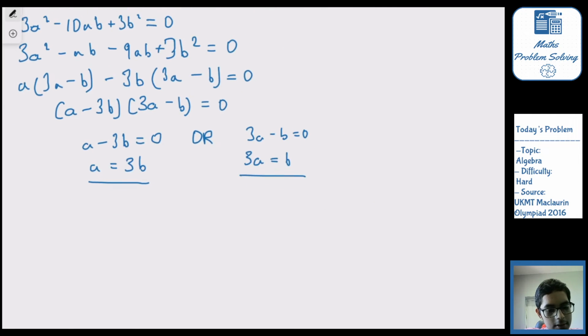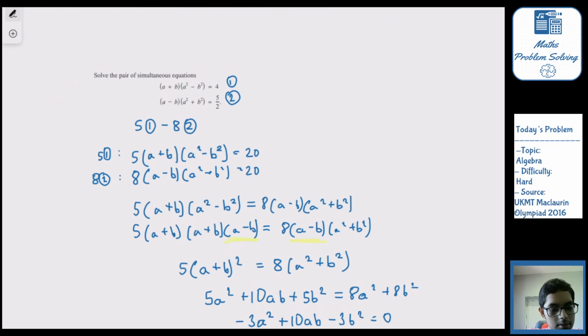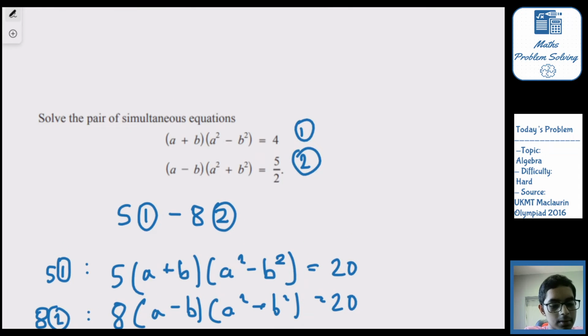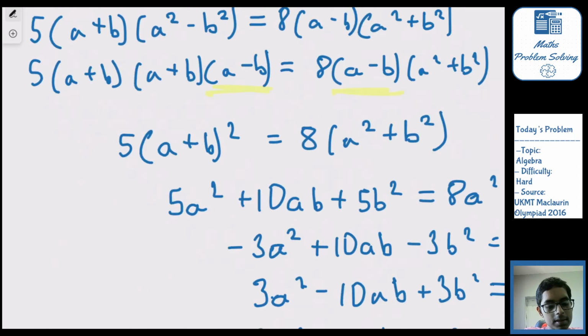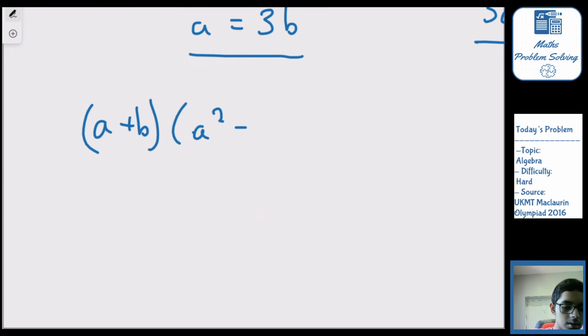So now if we just substitute this stuff back into our original equations, we should be able to get somewhere. So now these original ones, let's just move them down here. So a plus b times a squared minus b squared equals 4. And now we have a in terms of b and b in terms of a, so this should be quite simple in theory.